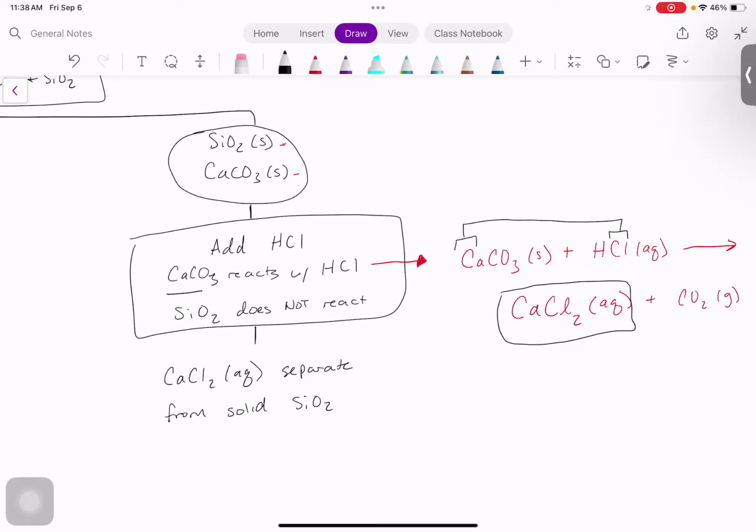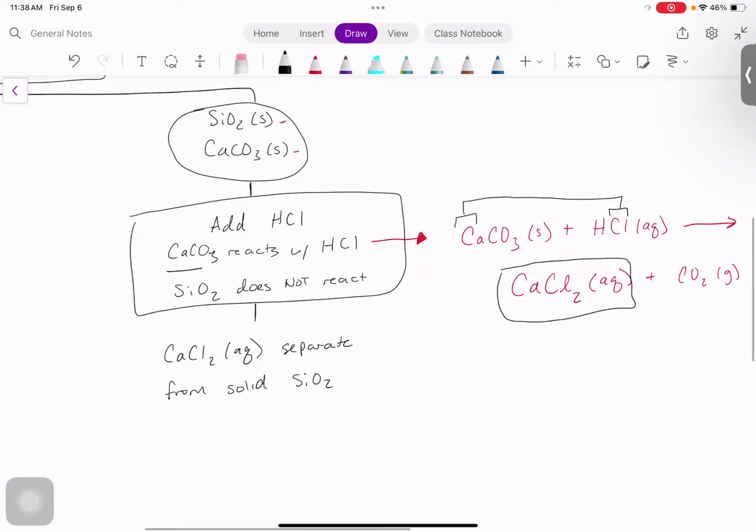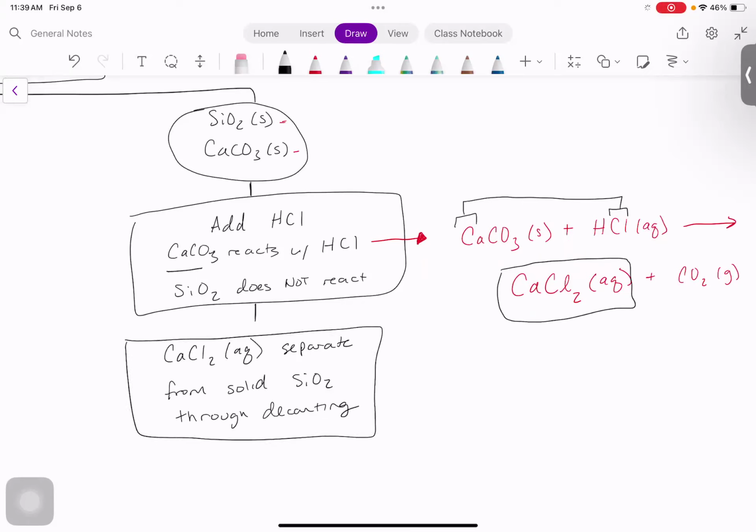We're going to use one of our separation techniques here through decanting. So we're going to decant the calcium chloride solution, which will be a supernatant. It's going to be dissolved. We're going to separate that dissolved calcium chloride from the solid silicon dioxide by decanting.